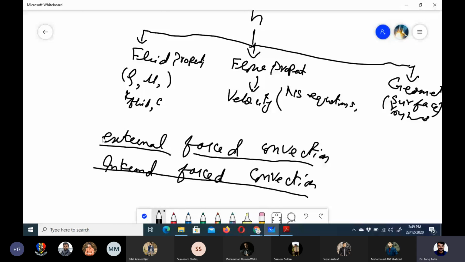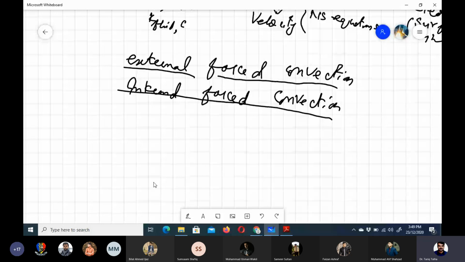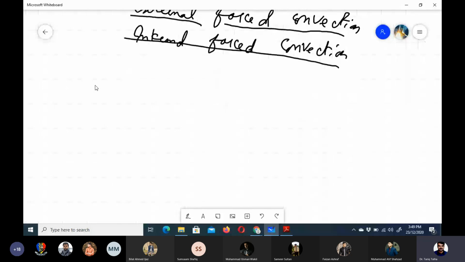So let's start with the convection introduction.